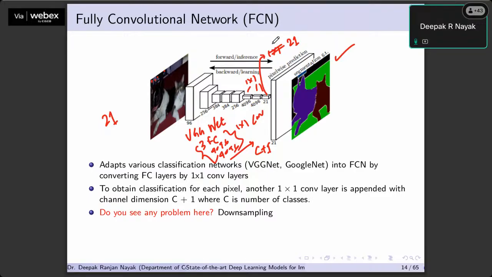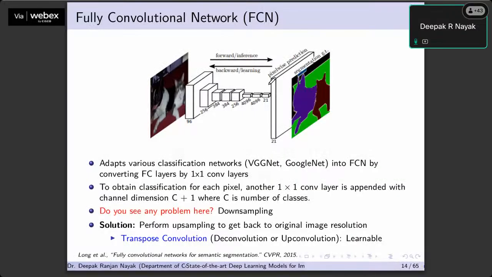What is the solution here? The solution is to apply upsampling operations to get back to the original image resolution. We know there are multiple ways to perform upsampling.